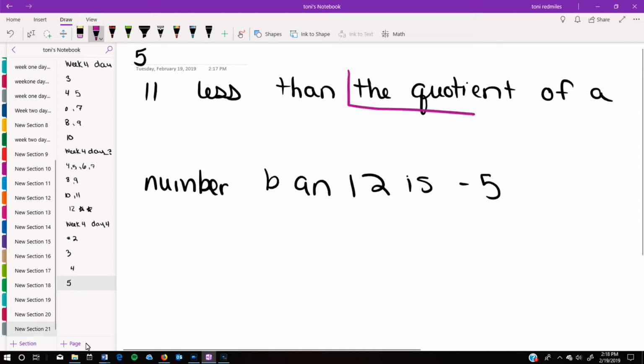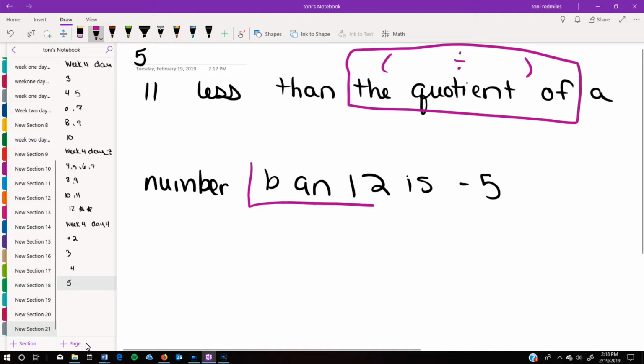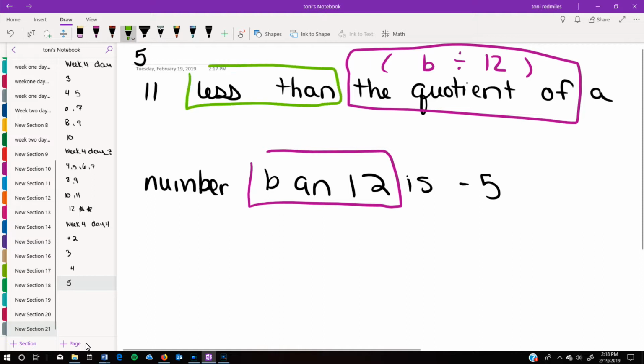The quotient of means parentheses with division, because quotient is the answer to a division problem. And we know what comes next. B and 12 is what goes in that parenthesis. We know the term less than means bring the -11 to the end of our problem.